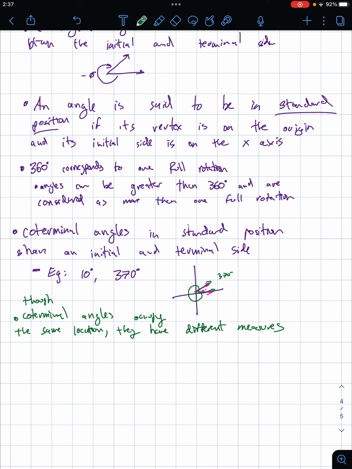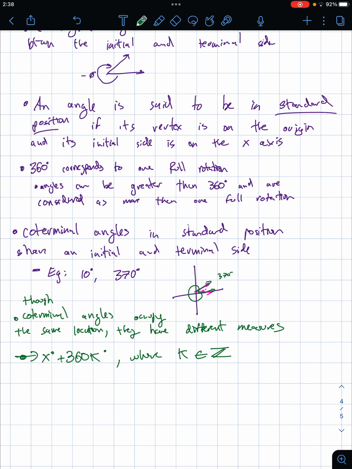We can think of the angle as rotating a ray that many degrees. And though you end up in the same space, the path there is different. And then the general form in degrees would be some angle x degrees plus 360k degrees creates coterminal angles, where k is an integer.